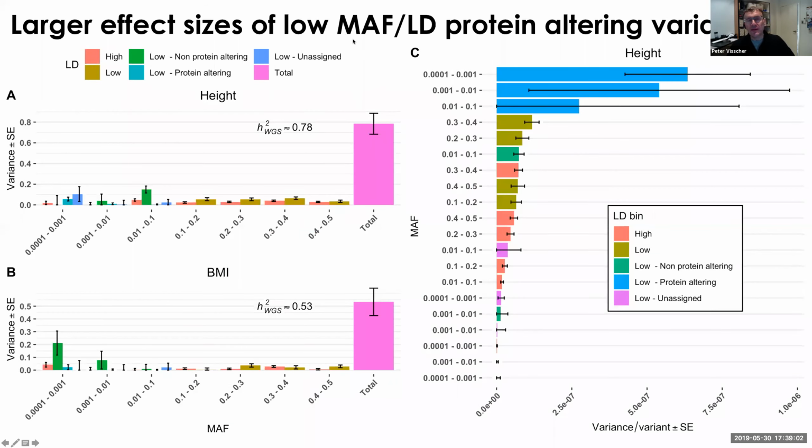Because we had prior information that those SNPs that were particularly at low frequencies and in low LD contributed a disproportionate amount of variation, we further partitioned those SNPs into whether the variant was protein altering, so this would be missense, loss of function, and non-synonymous mutations in general, whether they were coding variants but non-protein altering, or whether they were just any old variant that was not annotated to change proteins directly.